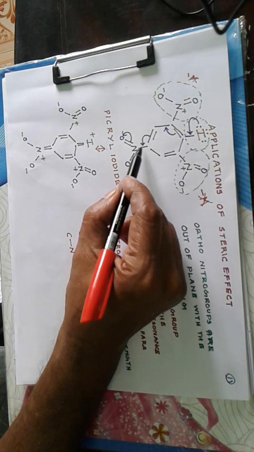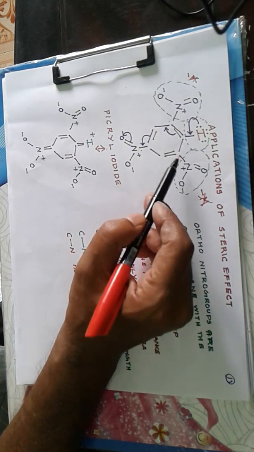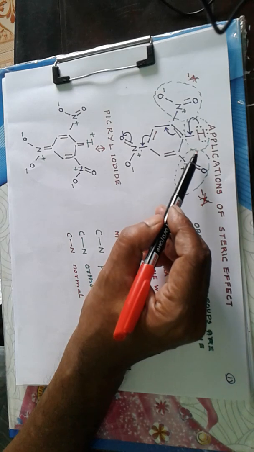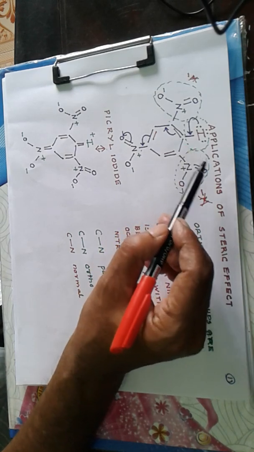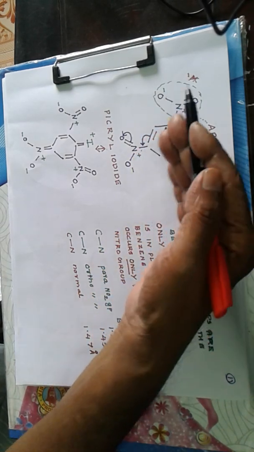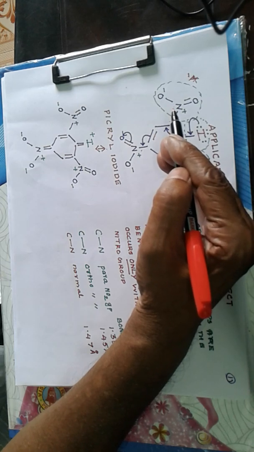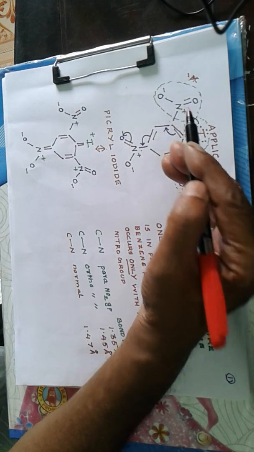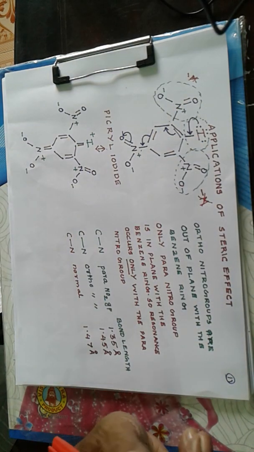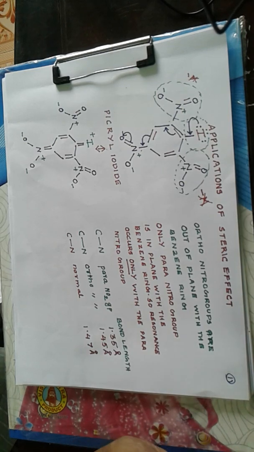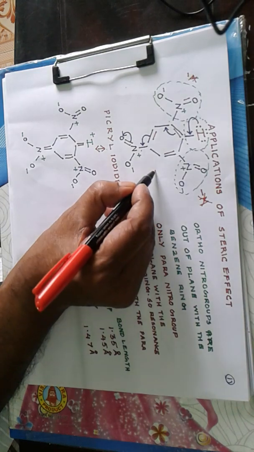Now the para-nitro group, these are ortho positions, their steric effect is present. So nitro group comes in a plane perpendicular to the plane of the benzene ring, so that steric repulsion, or a steric hindrance, we call another name, that is steric hindrance.